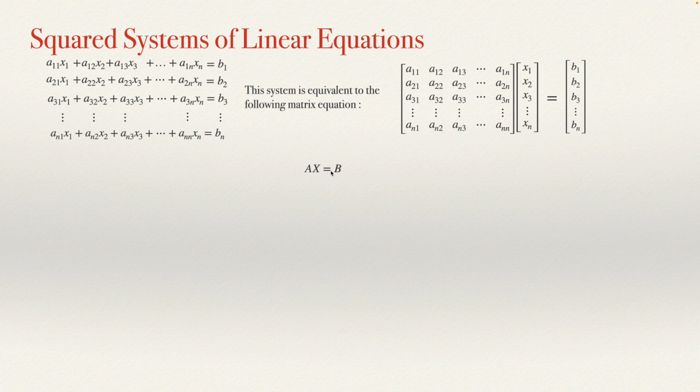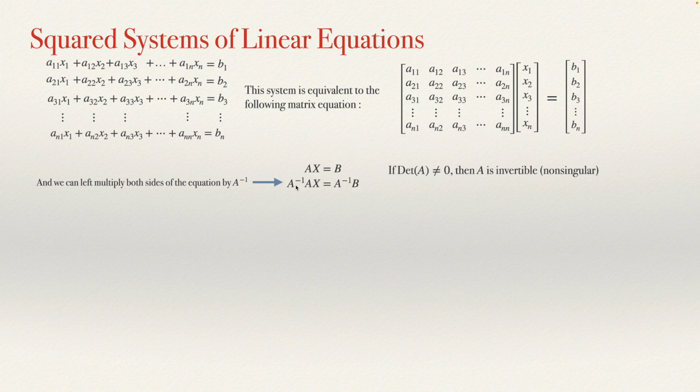And solving this equation, in case that A is invertible, so in case that the determinant of A is different than 0, we can say that we have an inverse. So if A is a non-singular matrix, then we can multiply both sides of the equation by the inverse of A. Multiplying by the inverse of A, we obtain the inverse of A multiplied by A x equal to the inverse of A multiplying b.